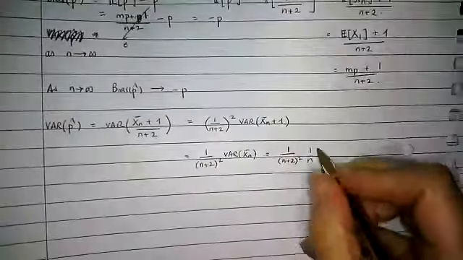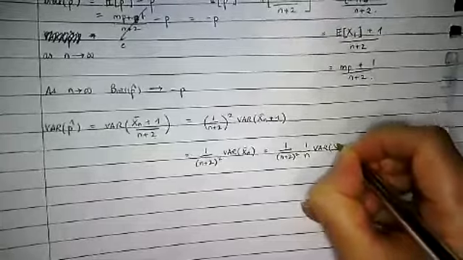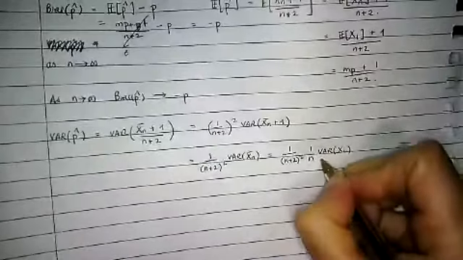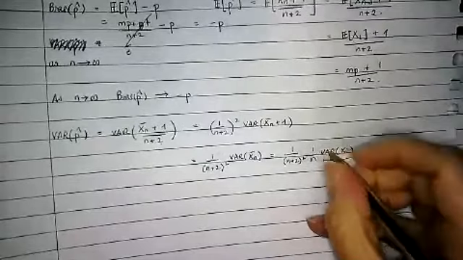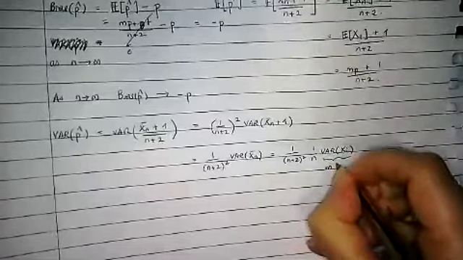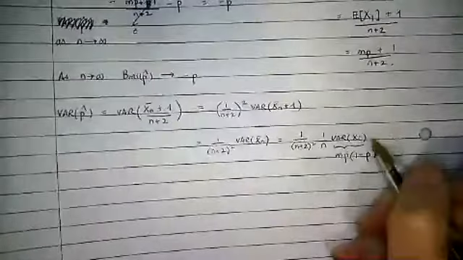So that's my rescaling factor, and then I've got the variance of any one of the xi's, and I know that this is m times p times 1 minus p, because I know that they're binomially distributed.